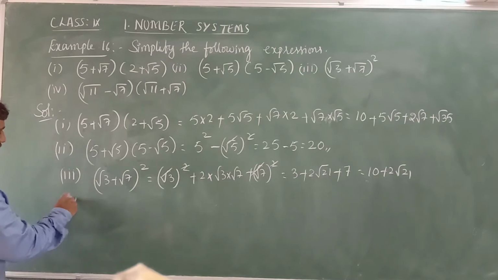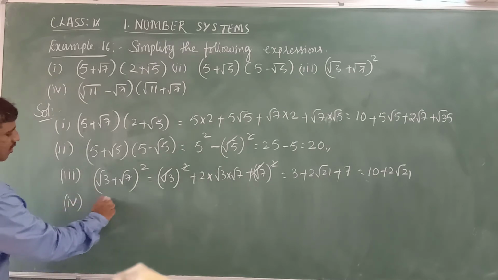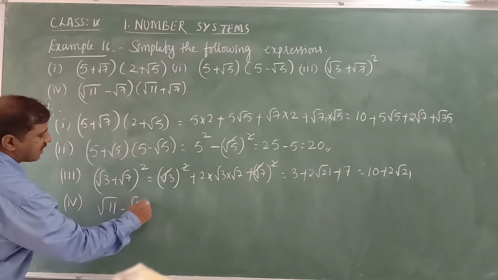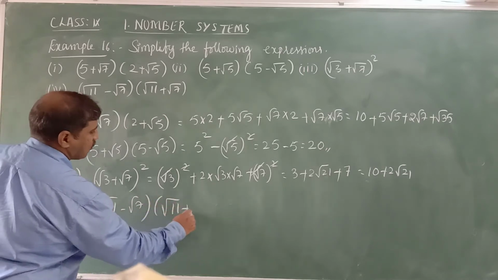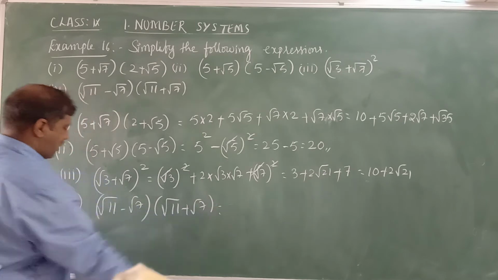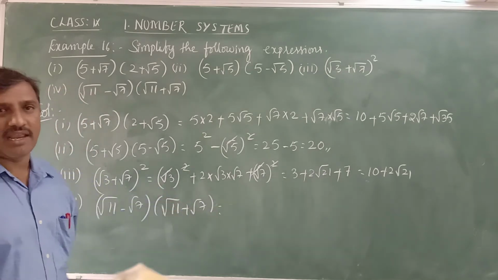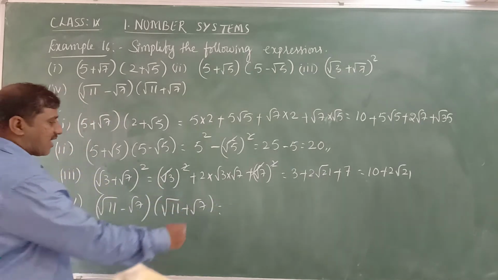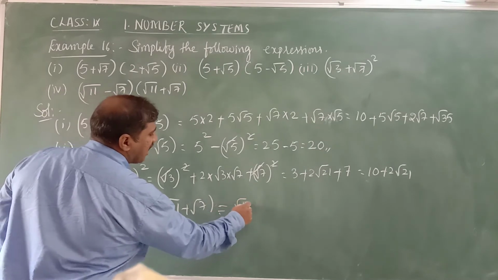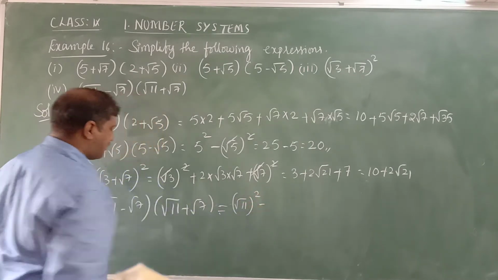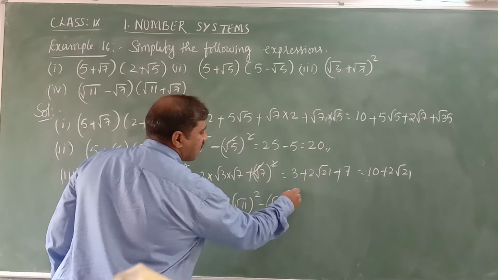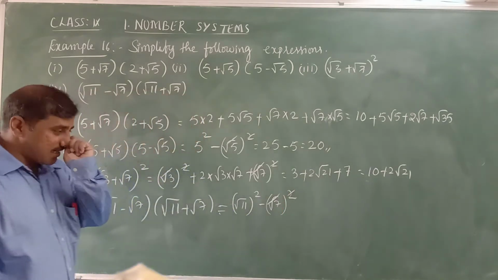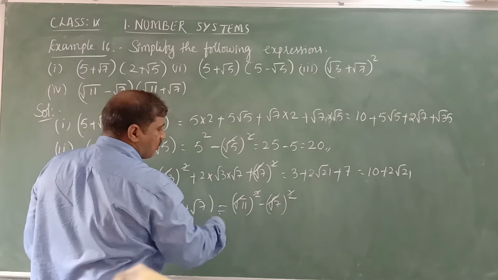Next, the fourth question: (√11 − √7)(√11 + √7). Again (a − b)(a + b) is a² − b², that is (√11)² minus (√7)². The square and square root get cancelled.